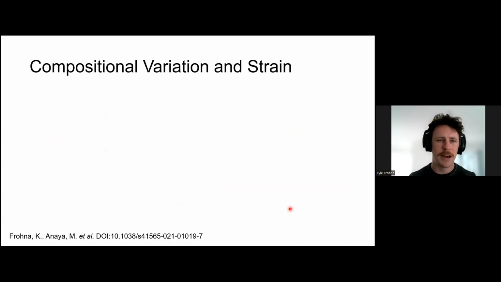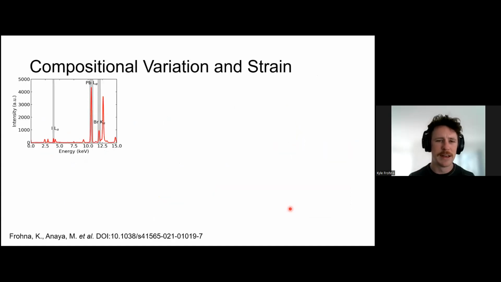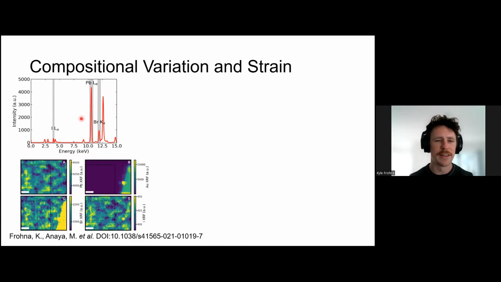So with that, we can, for example, for every point, have an X-ray fluorescence spectrum. Each peak is characteristic of a different atomic level transition in an element. We can track the variation of these different peaks and produce maps, for example, of the lead content, the bromine content, or ratios thereof.